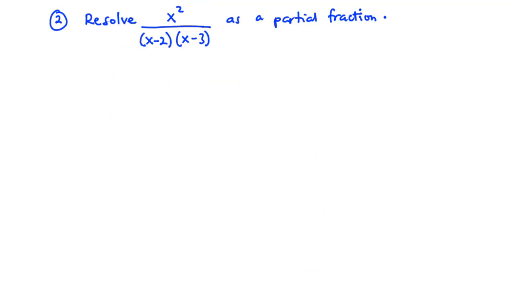In our second question, we are going to resolve the partial fraction x squared over x minus 2 times x minus 3. This is an improper partial fraction in the sense that the degree of x in the numerator is the same as the degree of x in the denominator, since when you multiply x by x, you have x squared.